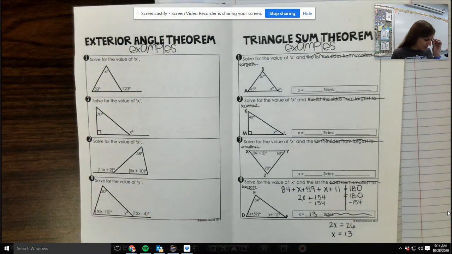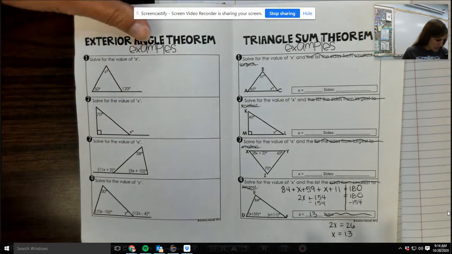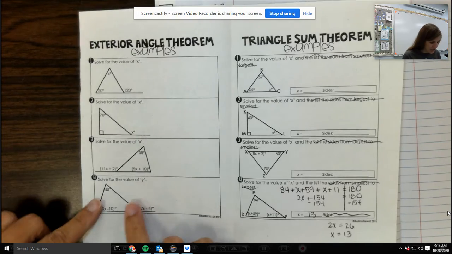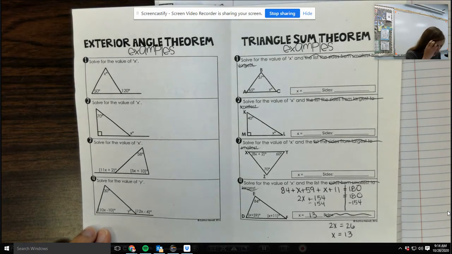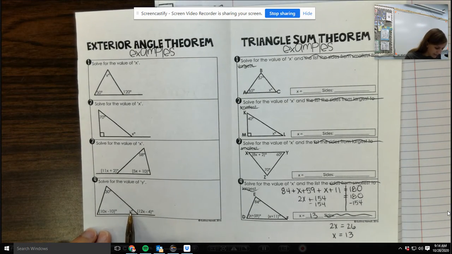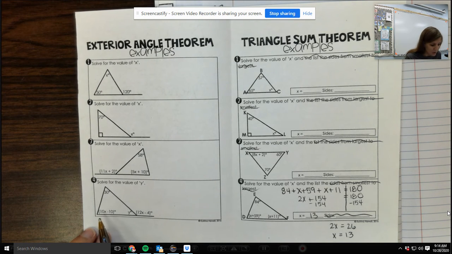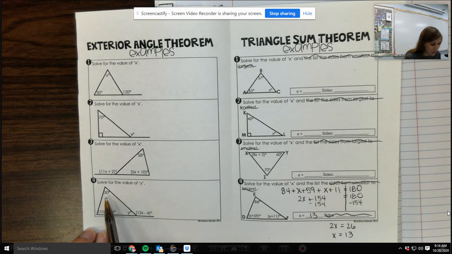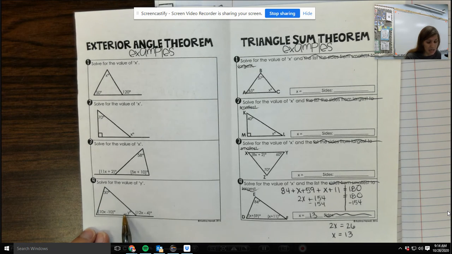And then let's try one over here. So solve for the value of y. Let's start at the bottom. So, okay, solve for the value of y. Well, I do have all the angles inside the triangle labeled, but they're not all the same letter. So I don't really want to add those 3 things up to equal 180.